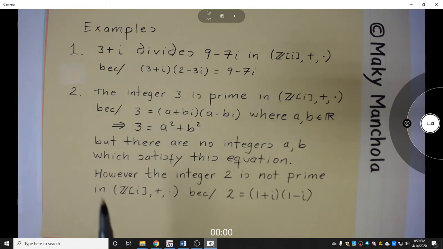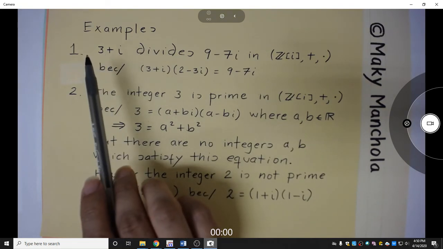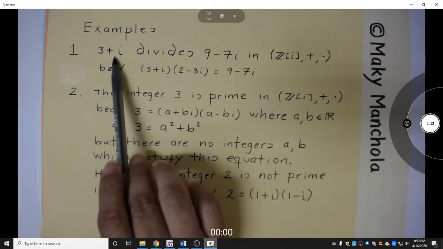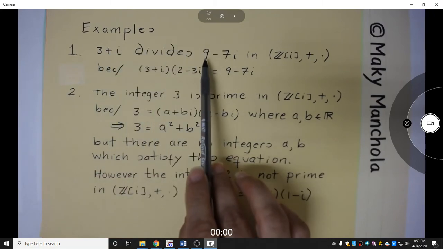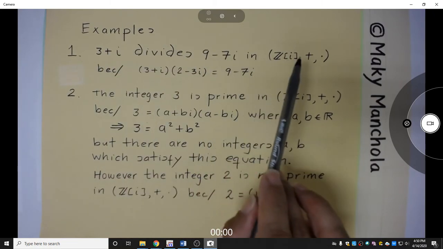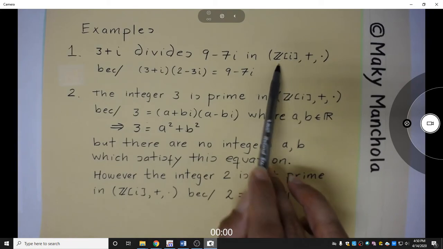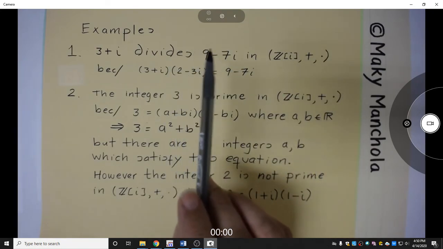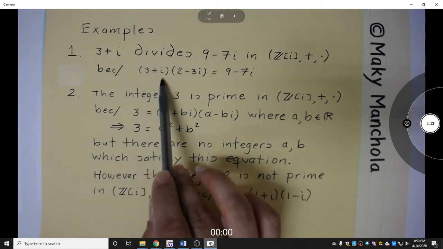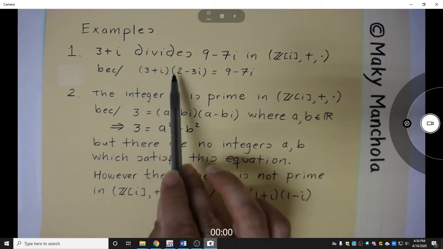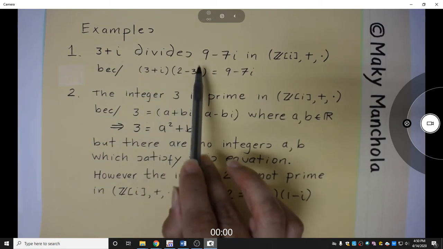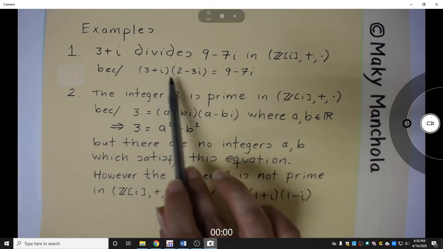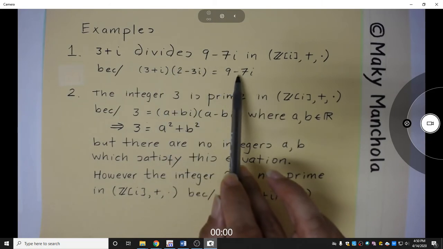Examples. 3 plus i divides 9 minus 7i in the structure of Gaussian integers. That is because if I multiply 3 plus i, a Gaussian integer, times 2 minus 3i, which is another Gaussian integer, the result is 9 minus 7i.